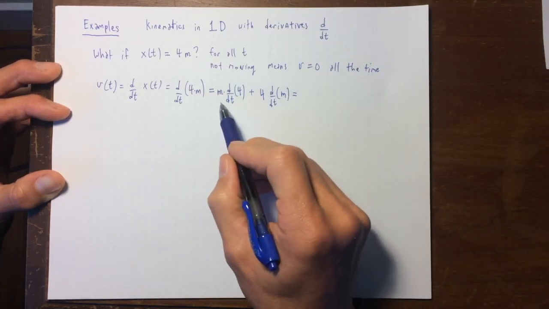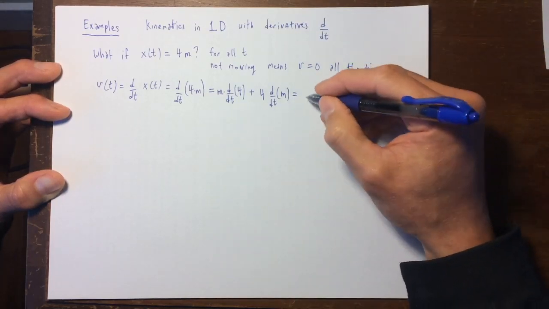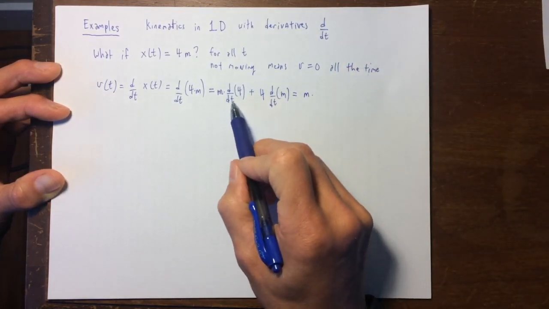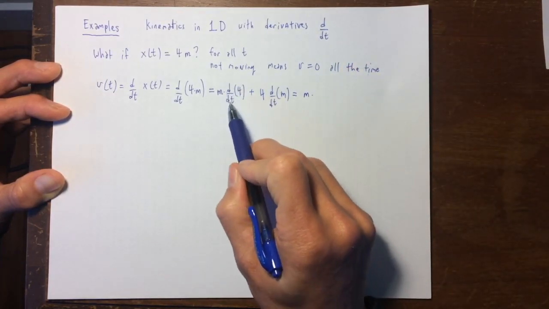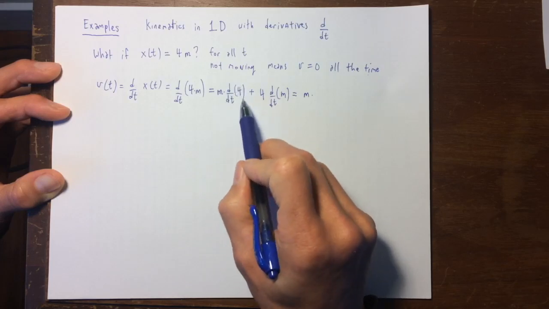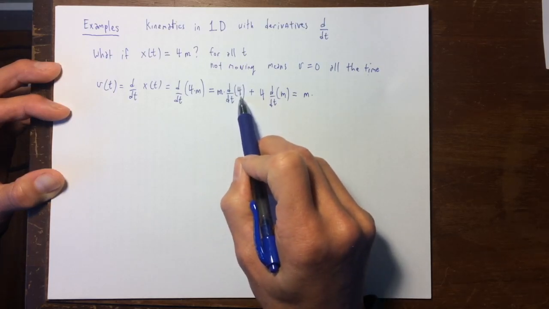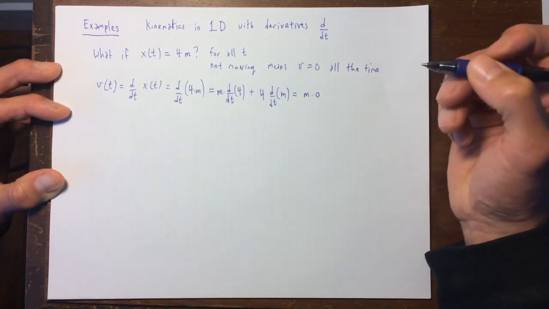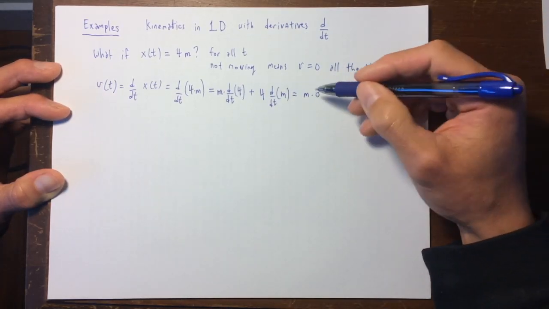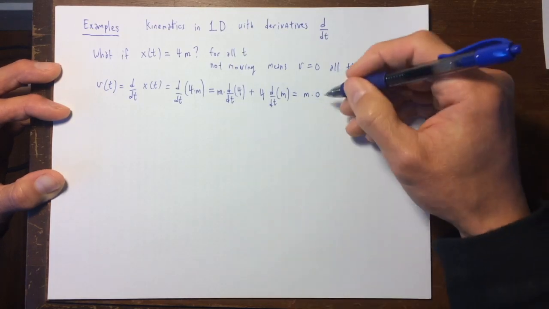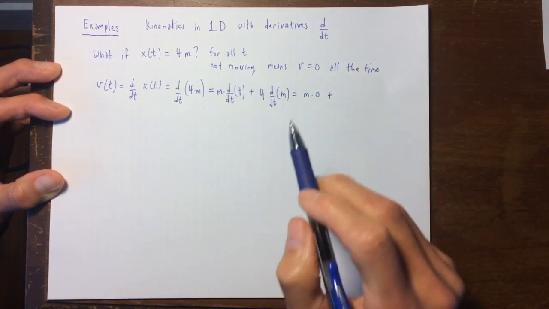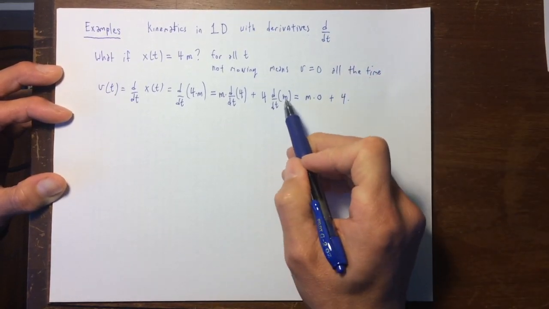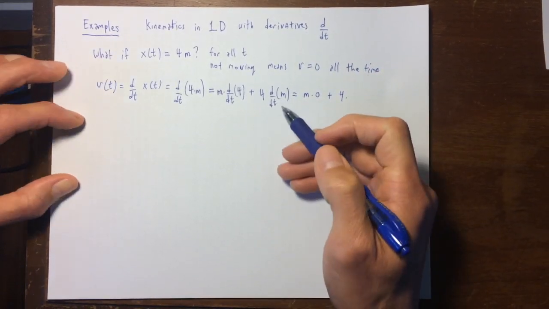And so if you look at the first term, it is the meter times, so the number 4 just doesn't change in time. So there's no physical reason to think that the value of the number 4 ever changes. So it'll be the meter times 0, and 0 times the meter is a 0, so that's the first term. Plus the second term is 4 times the time rate of change of the unit called the meter.